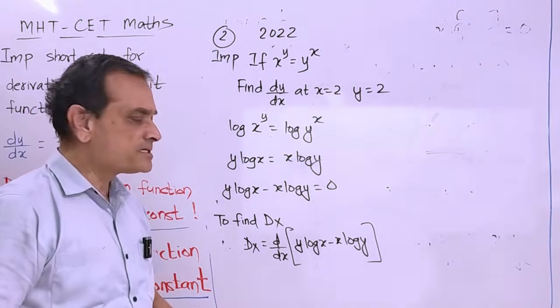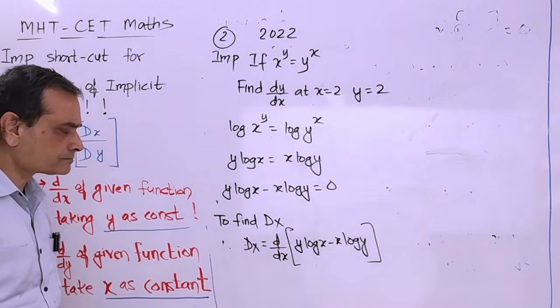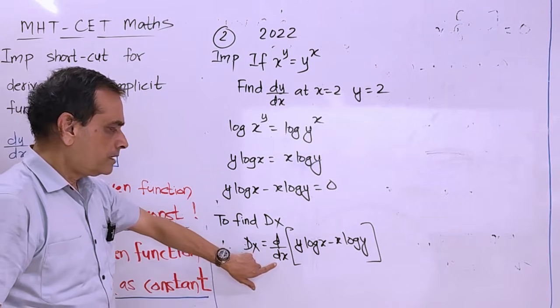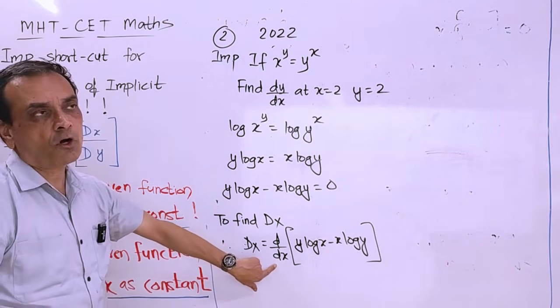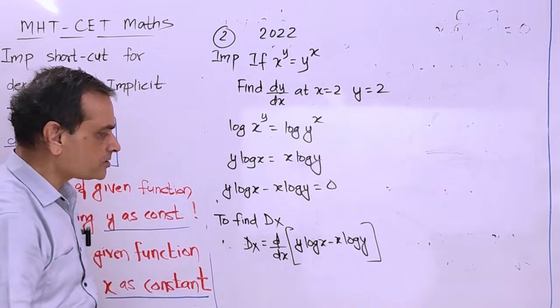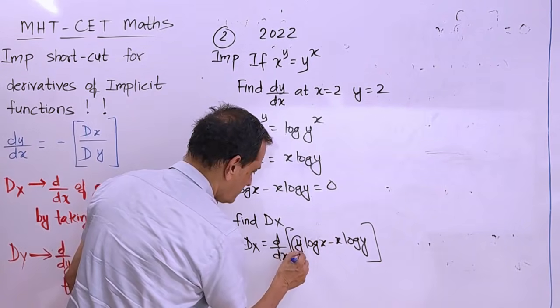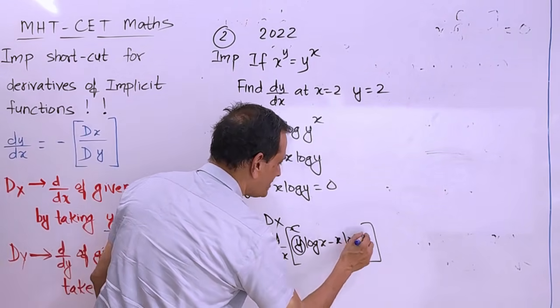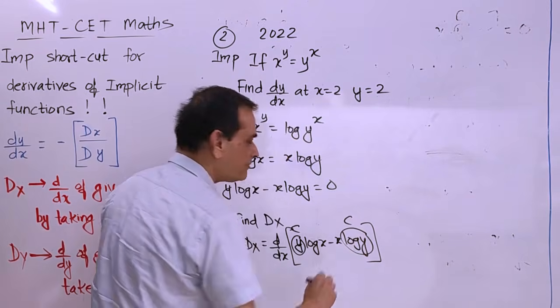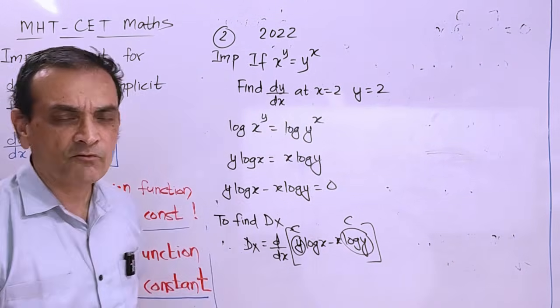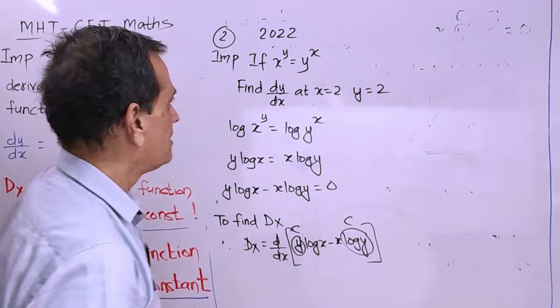As soon as you write this, d by dx means derivative of x, means y is taken as a constant. So log y is also a constant. Keep in mind, it is a constant, which becomes simpler for us.